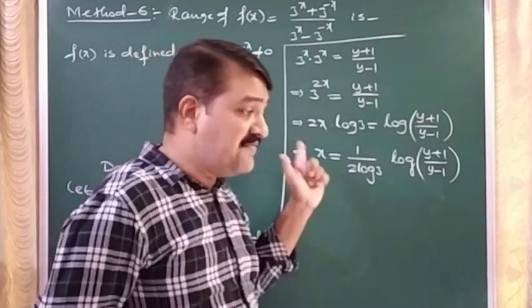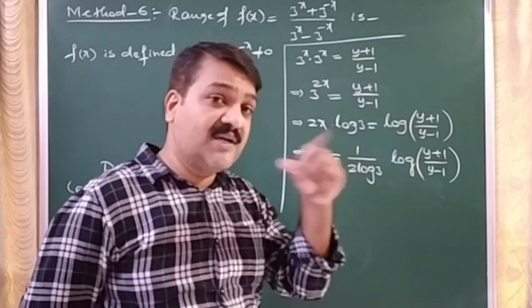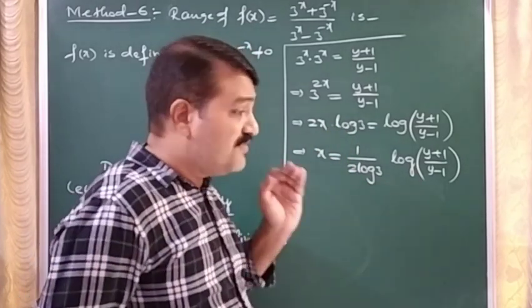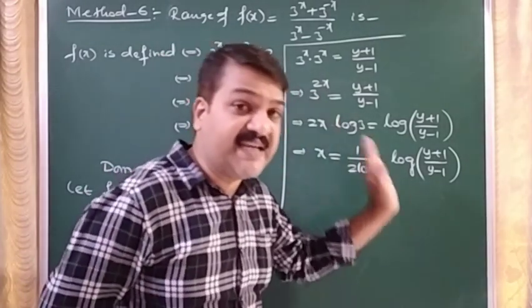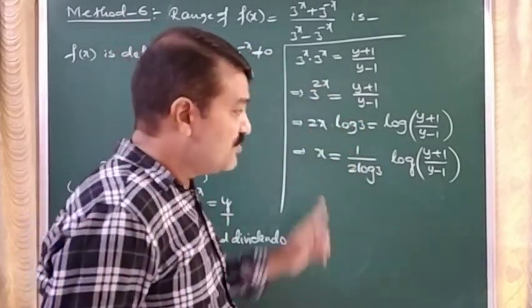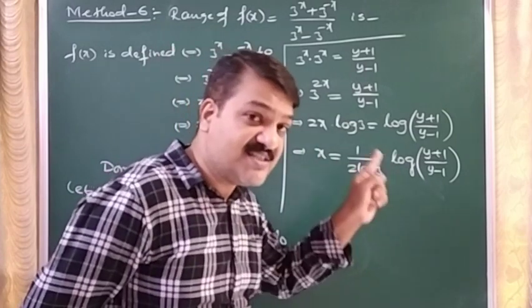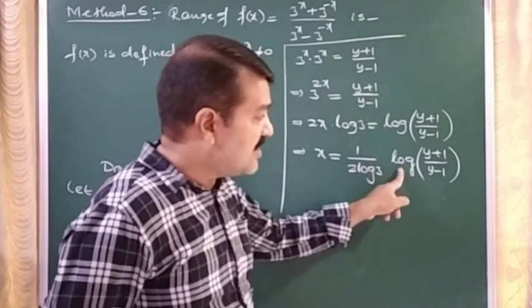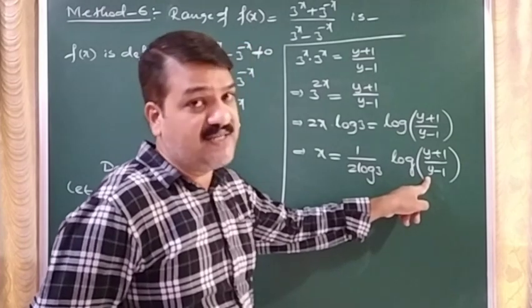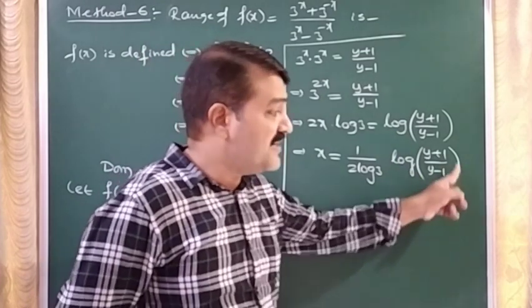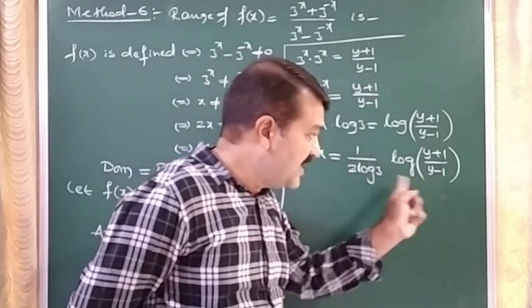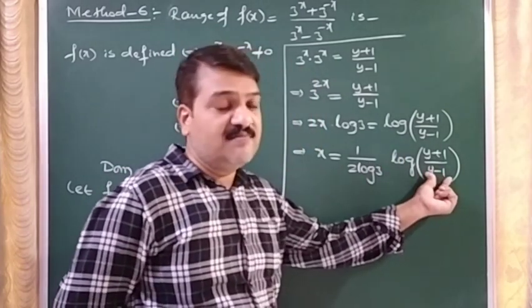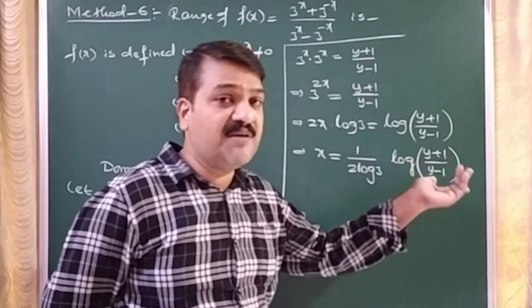And finally, after getting x in terms of y, what we should do? We should find y values for which this is defined. Now see, log of y plus 1 by y minus 1. This is defined only when this is positive, because logarithm is defined only for positive numbers.